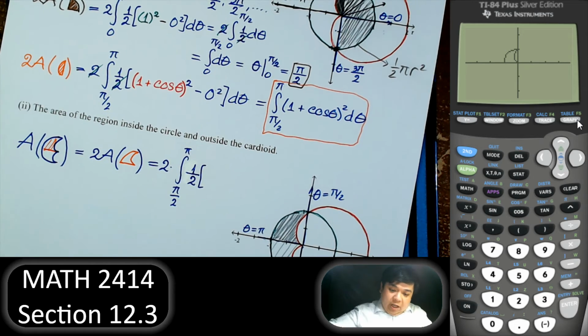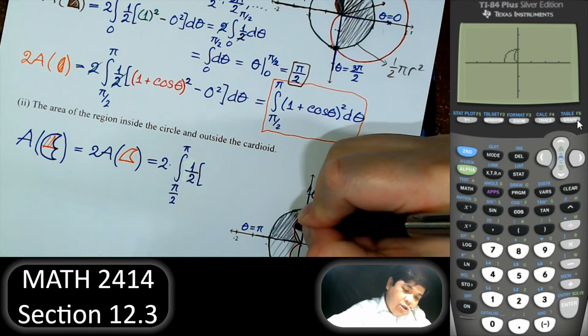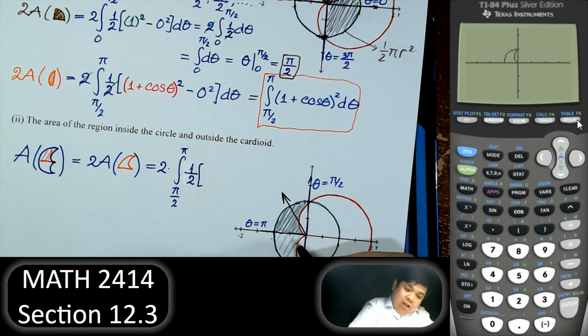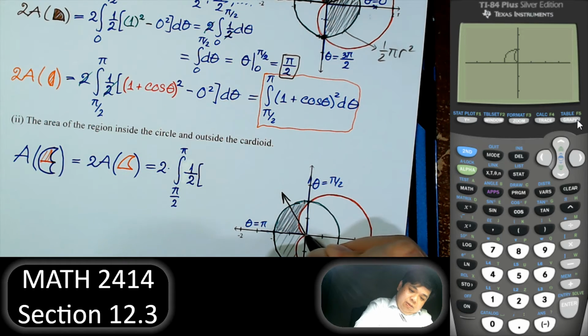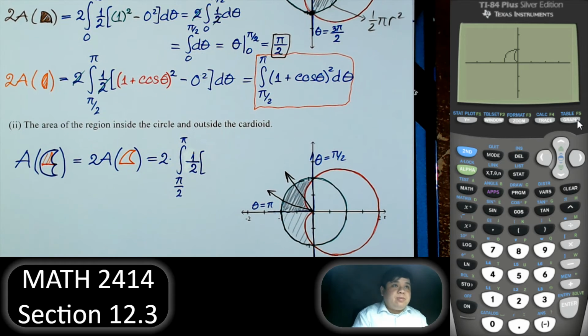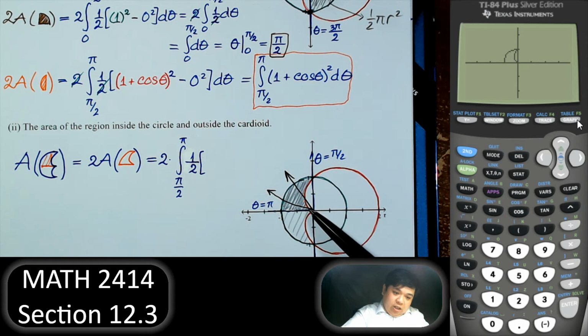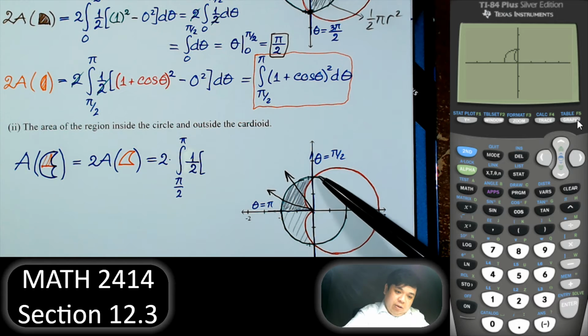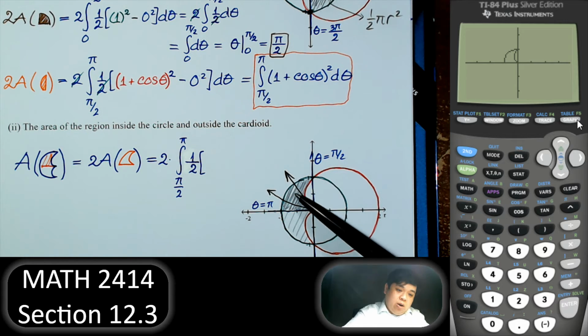So now we look from the inside, looking outside, looking out. Which one do we see first? You see the function of the cardioid first, and then we see the circle later.